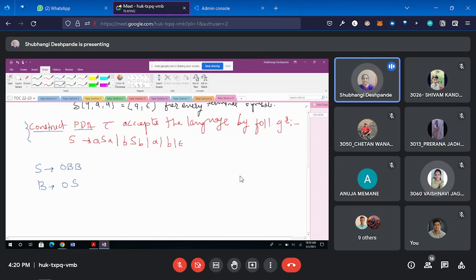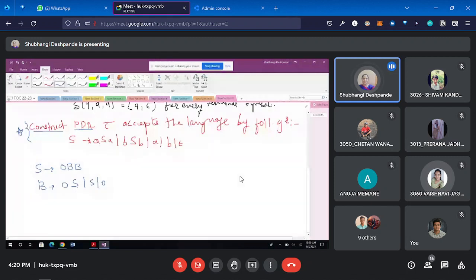Keep this aside for now. You have to construct the PDA for this grammar.